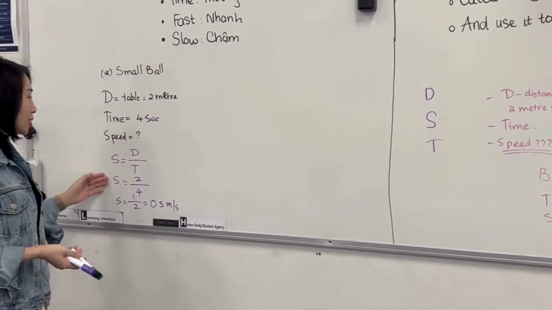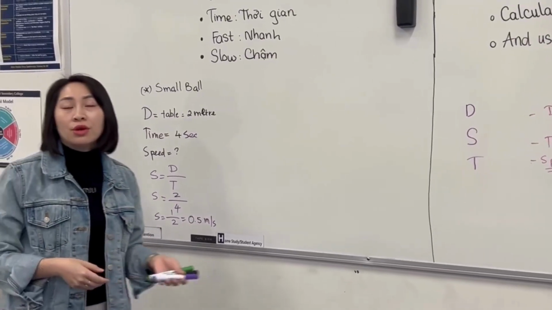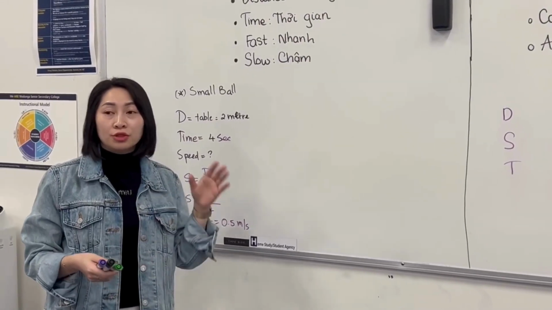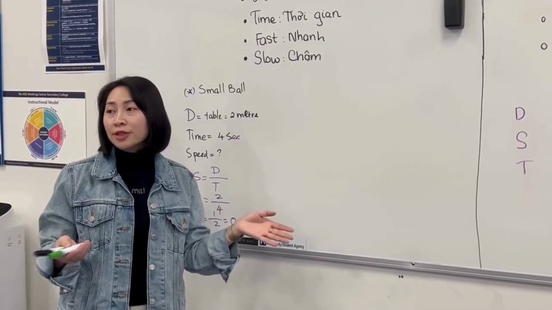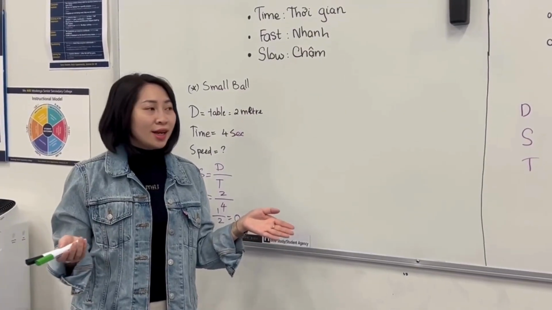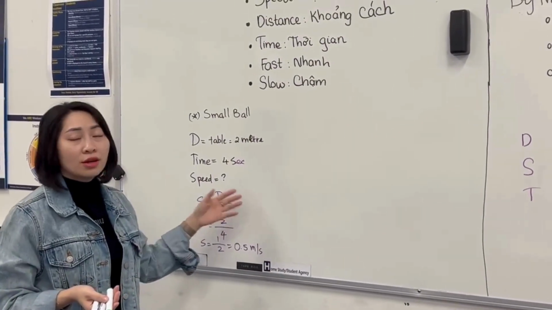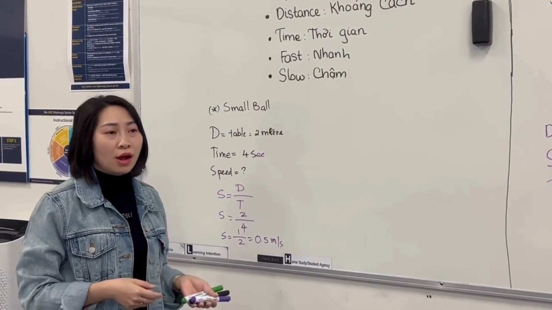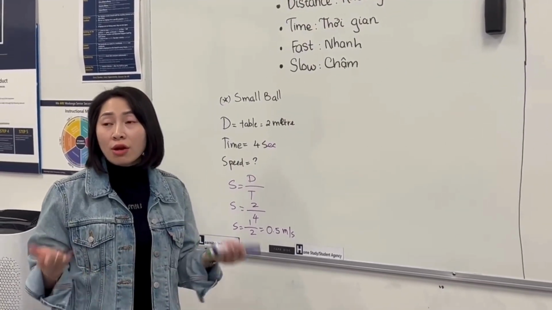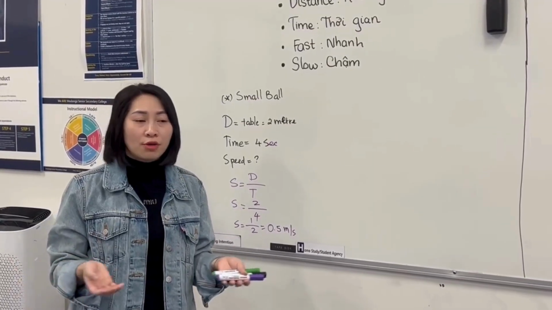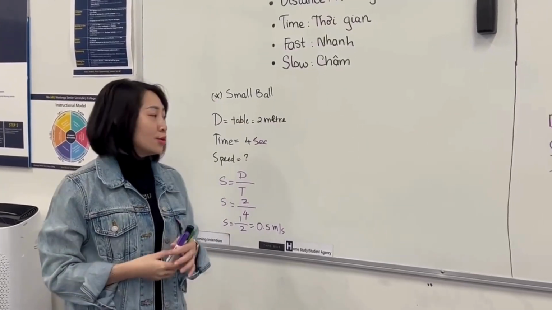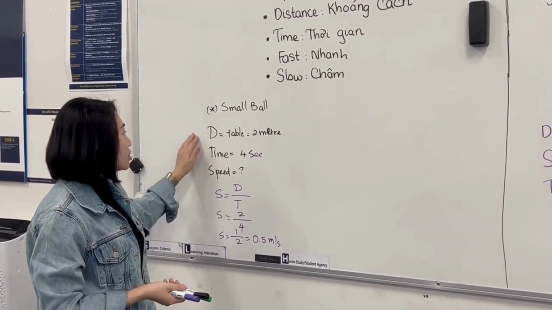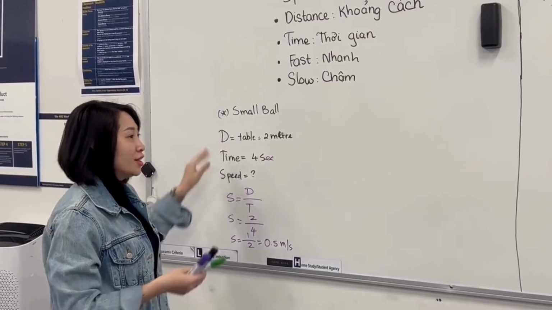Think about when you want to travel between your house and school, or from Melbourne to Sydney, and this could help you a lot to find out how much time you need to get from one destination to another. So right, this is done for the small ball.